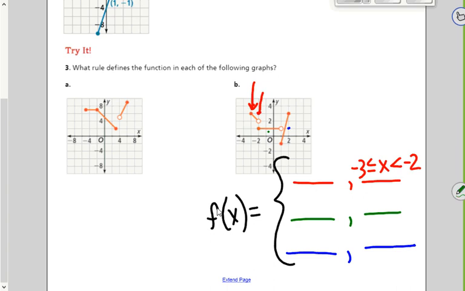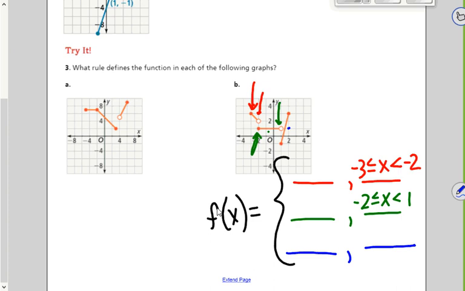Then we jump down to the green graph, beginning with an x value of -2, including it, and then going until x gets to 1, not including 1. So try to match up my inequality symbols with the shaded or unshaded circles.